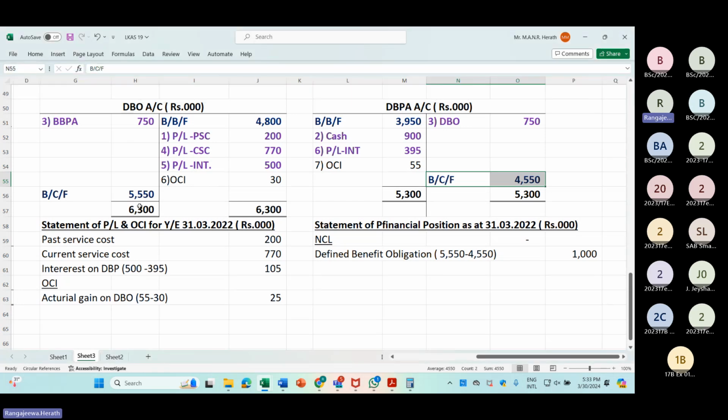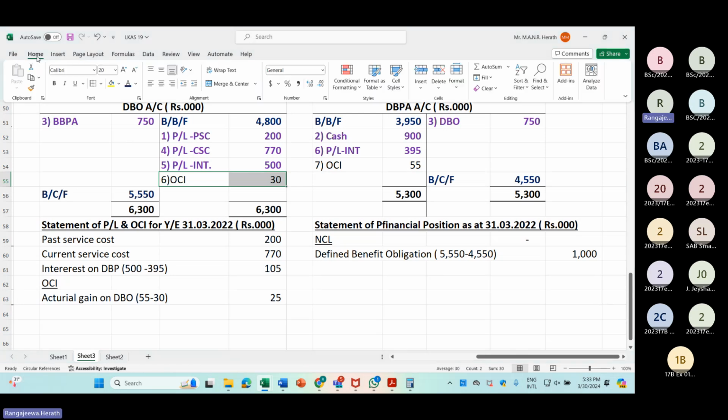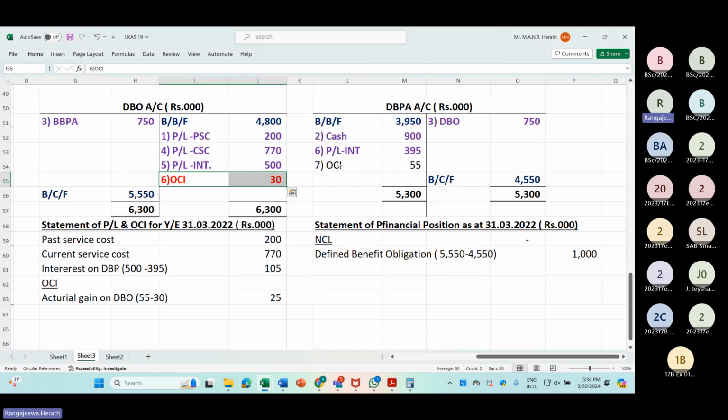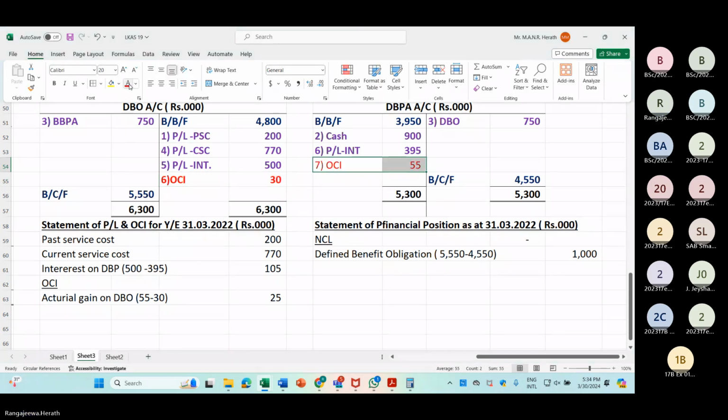So when you balance the obligation, there's a difference of 30 that you take to other comprehensive income. Defined benefit plan asset, there's a difference of 55 you take to other comprehensive income. So when it comes to this interest and the other comprehensive income, actuarial gain or loss, you take the net.